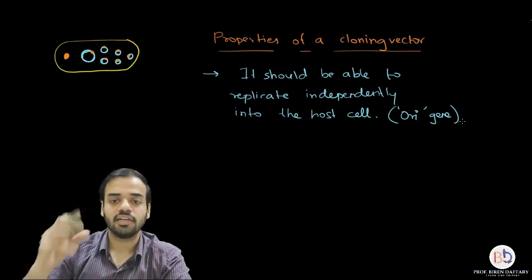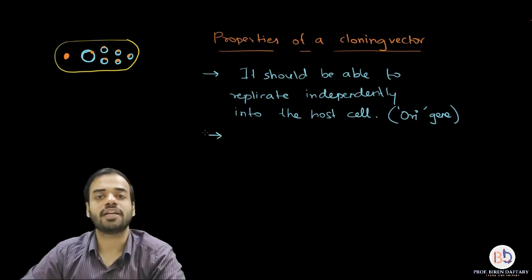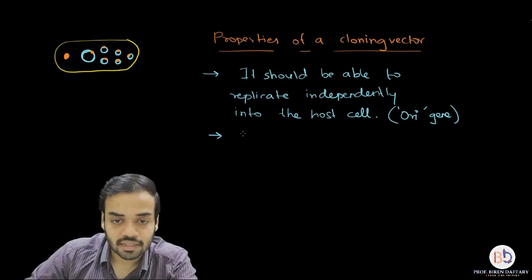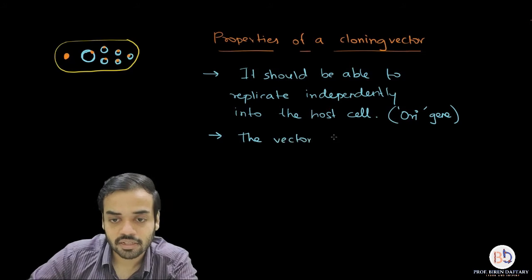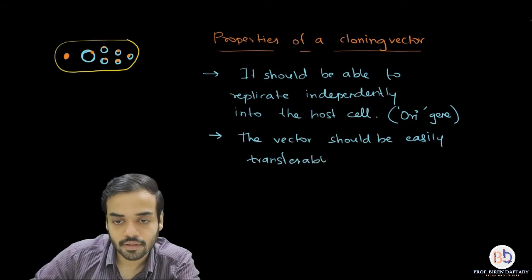Is this clear? Coming to the second property of a cloning vector, the second property is that the cloning vector should be easily transferable into the host cell.